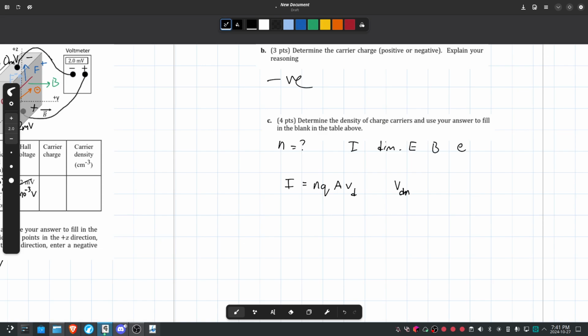So v_dn. Does anyone in chat know what dn stands for? That's right. It's drift velocity as an n-type. Negative mu n times the electric field. Do we know mu n? We could find that on the table. Do we know the electric field? Of course we do.